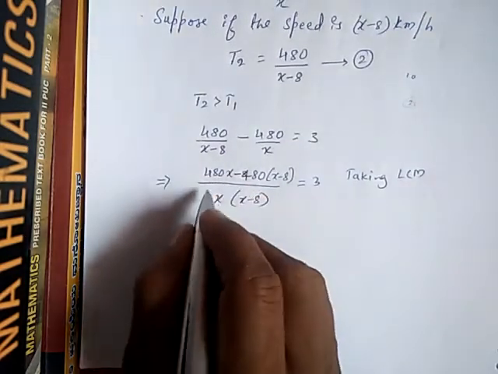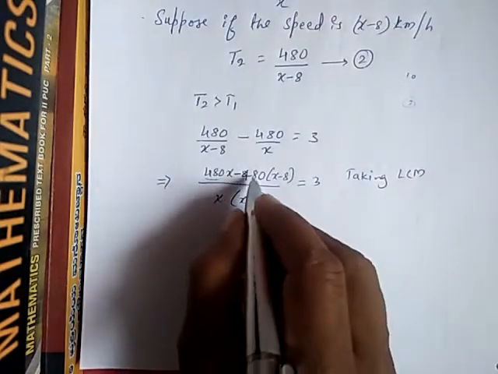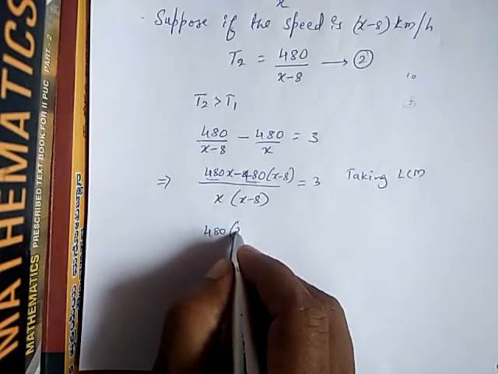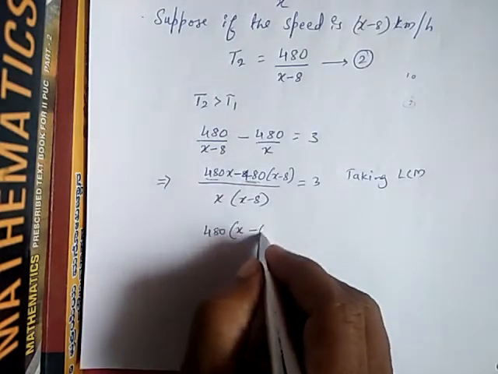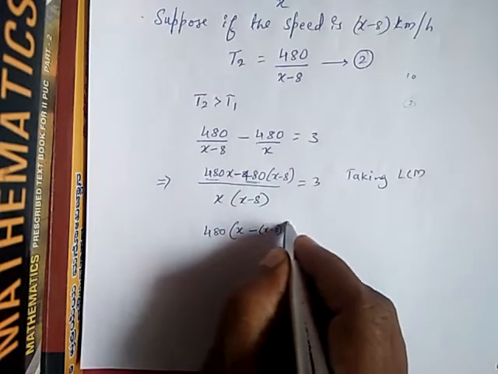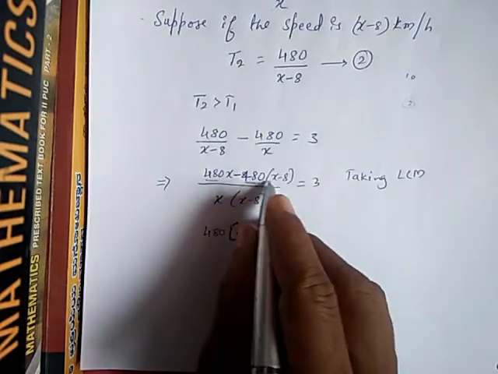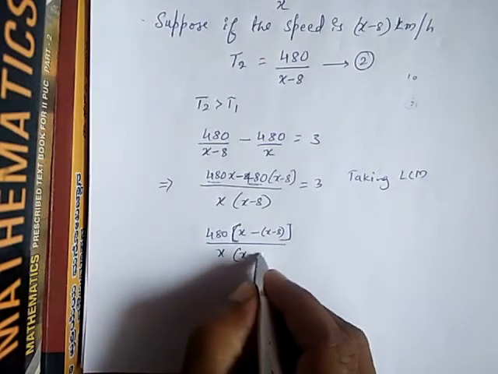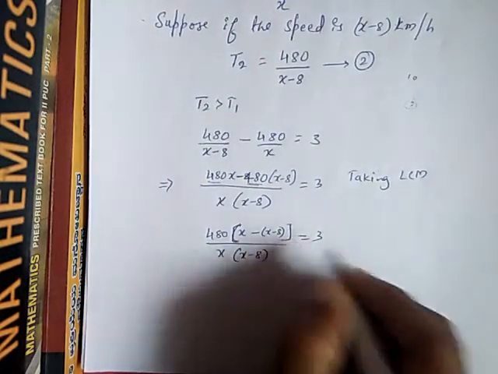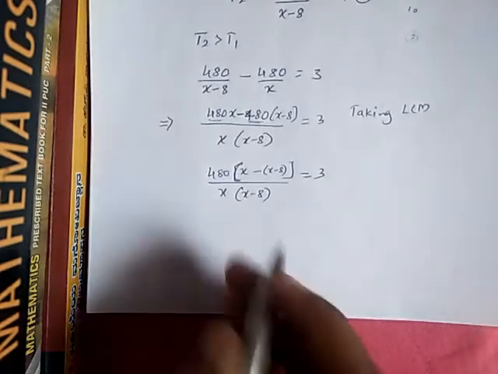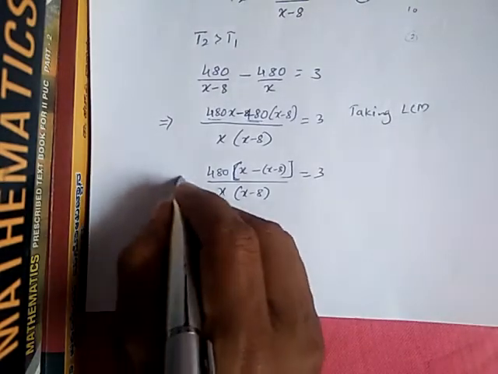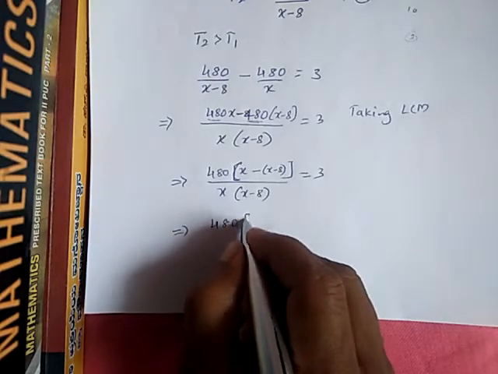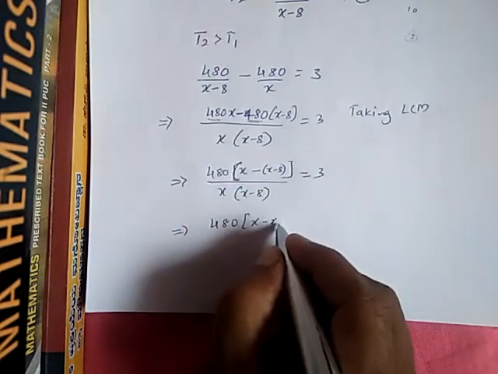Okay, so what is common here? Here it is 480, here it is also 480. If you take 480 common, what is remaining? x minus, and again here you have to put the minus bracket, because there are 2 terms, divided by x into x minus 8, which is equal to 3. So this implies 480 into the bracket x minus x, minus into minus plus 8.